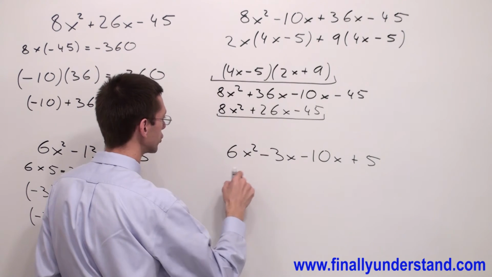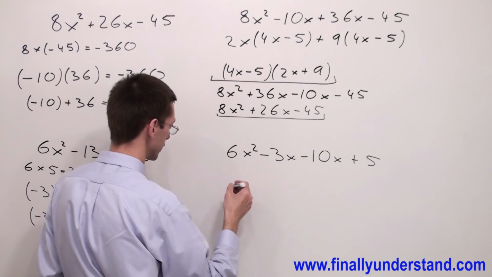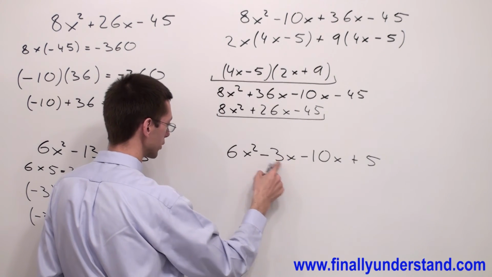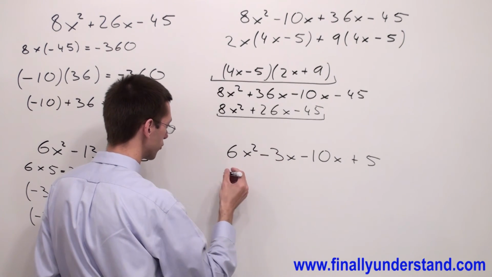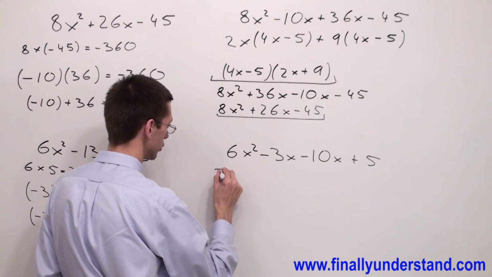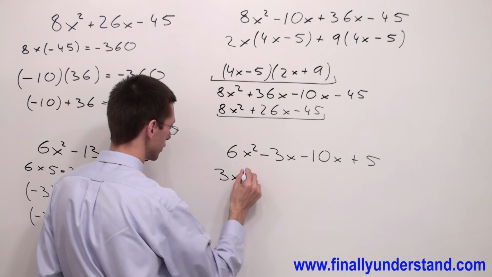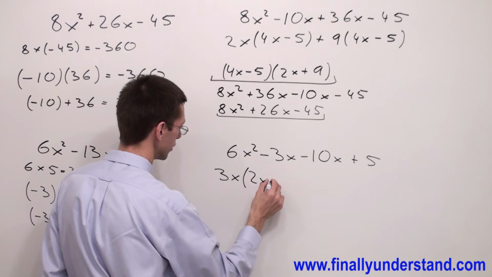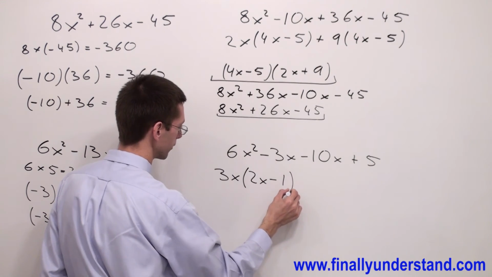Now let's do some factorization of this expression. I have 6x squared minus 3x. From these two terms I can factorize 3x. And inside of the parentheses I'm going to have 2x minus 1.